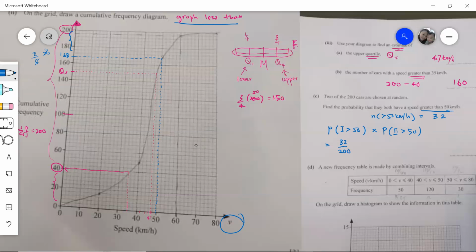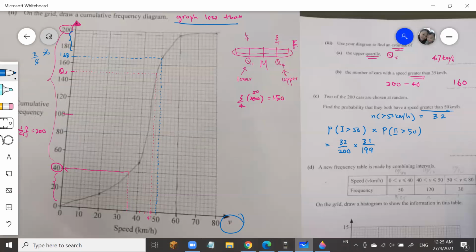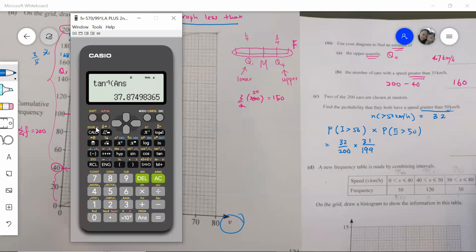After you have chosen one, we are left with 31 cars out of 199. So by using this, put into the calculator, we should be able to get the value. All right, so we have 32 over 200, and then multiply by 31 over 199.